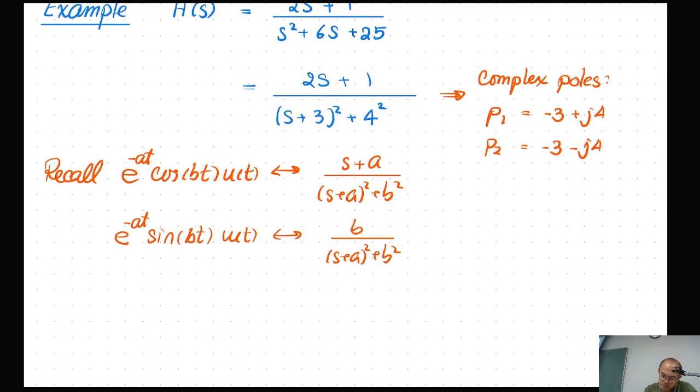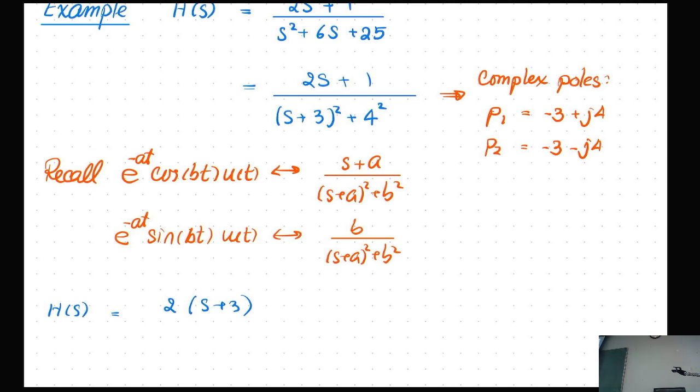Now, H(s), let's try to do this. We know that a is equal to minus 3. I'm sorry, a is equal to 3. So we have to make the numerator in the form of s plus 3. So we have 2 times (s plus 3), to be consistent with s plus a. But when I write 2s plus 6, I have a 6 that I have to eliminate.